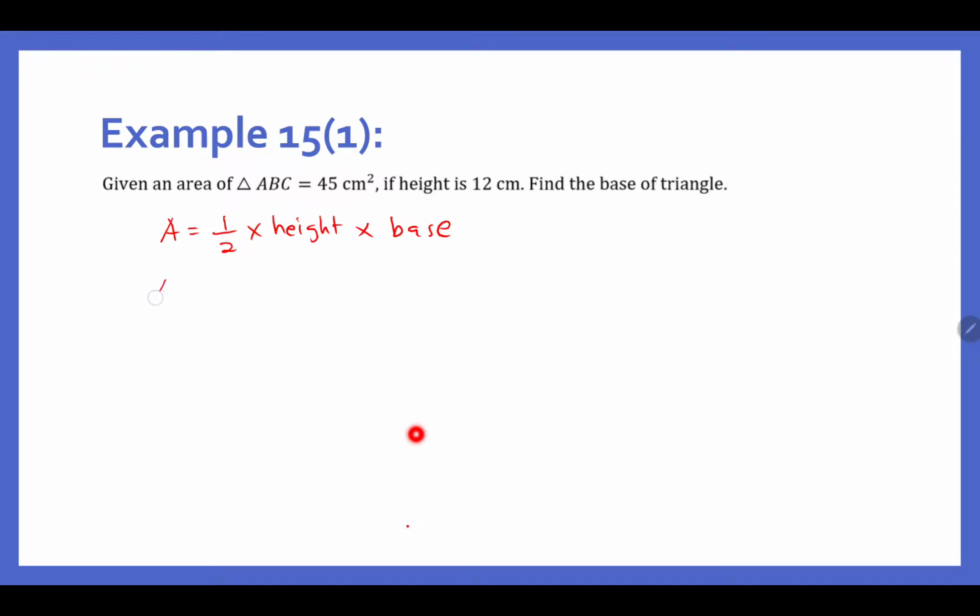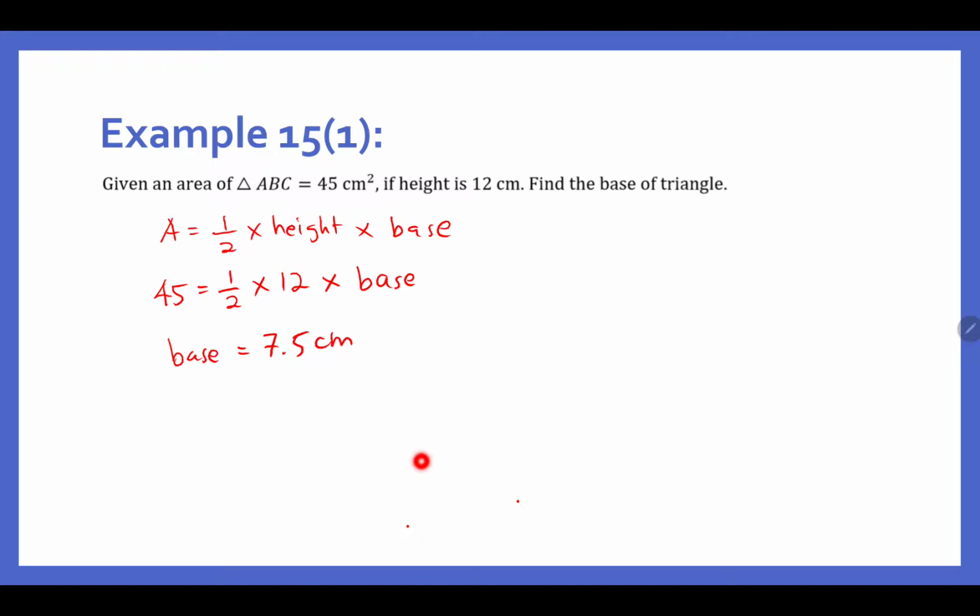So the area given is 45 equals 1 over 2 times height is given, and we need to find the base. Okay, so guna calculator je. So the answer is 7.5 cm. Okay, that's the simple way to find the base from the formula area yang pertama sekali.